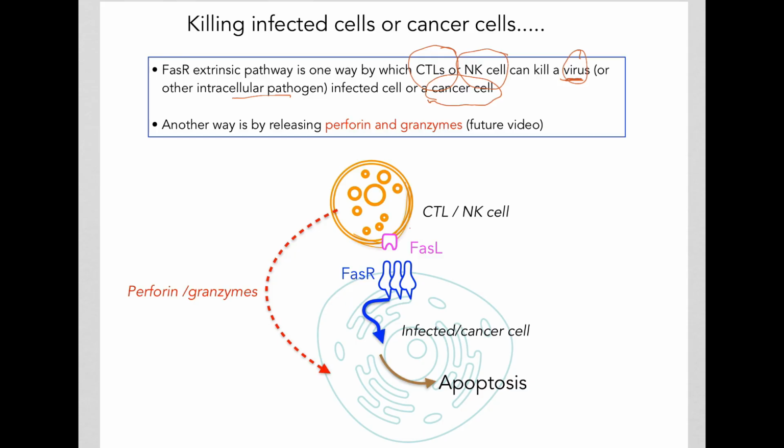Okay, so this process we talked about, apoptosis, is a way by which these CTLs and NK cells kill these cancer cells or infected cells. There is another way, and that is they release proteins called perforins and granzymes, and these perforins and granzymes can then go on to kill the infected cell or the cancer cell, and that's something we'll talk about in a future video under the biochemistry of the immune system.